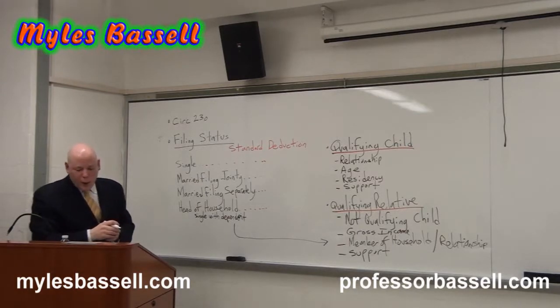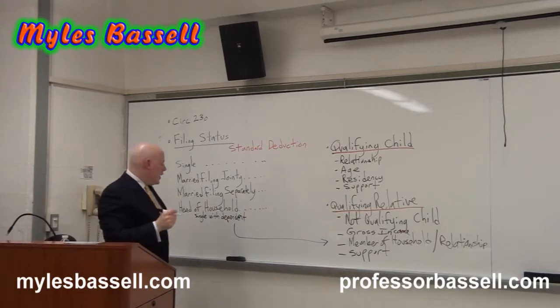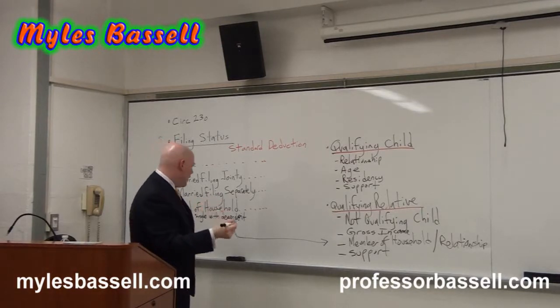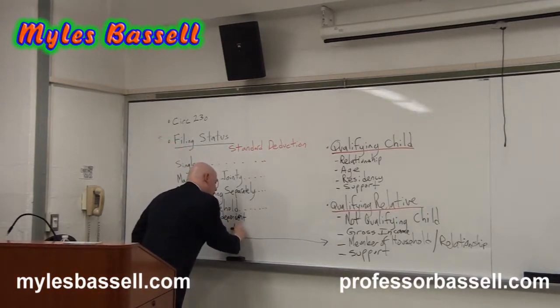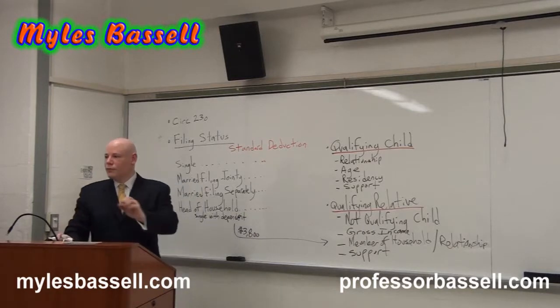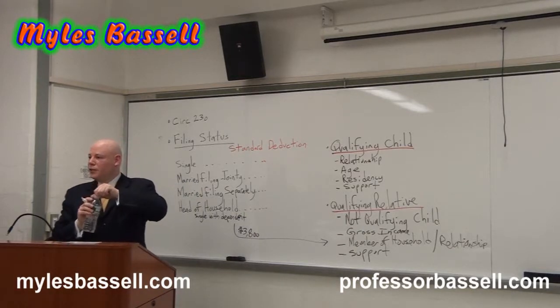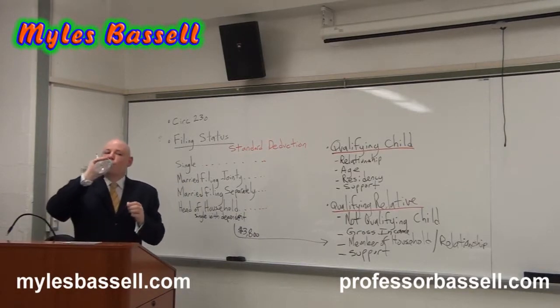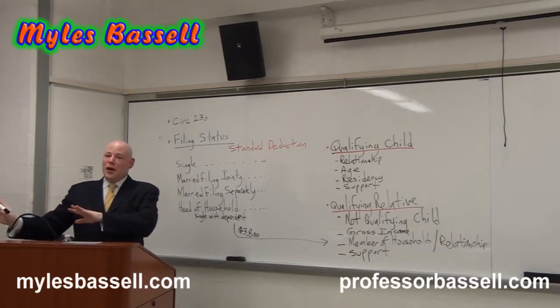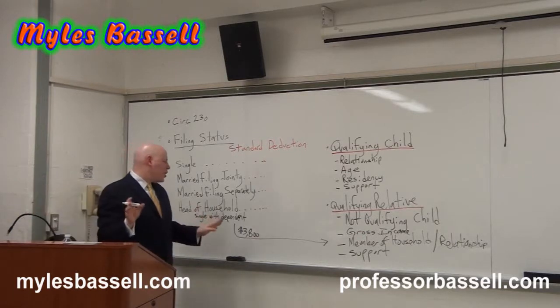And in 2012, the exemption for a dependent is $3,800. Am I right, Corinne? Yeah. $3,800. It reduced from 5,000 something to... I didn't say that was the standard deduction.